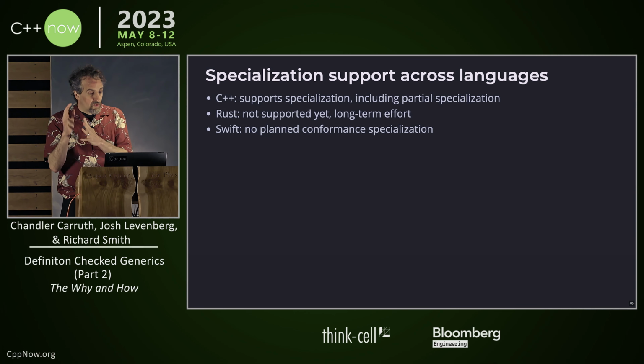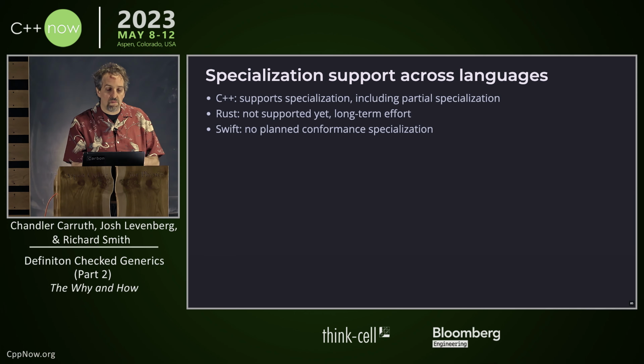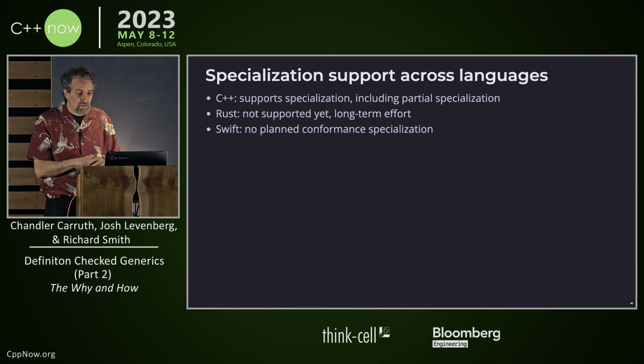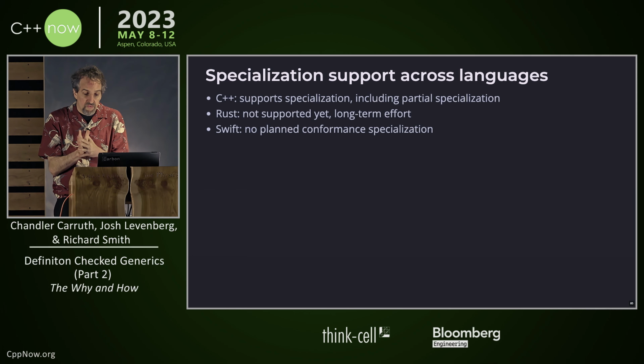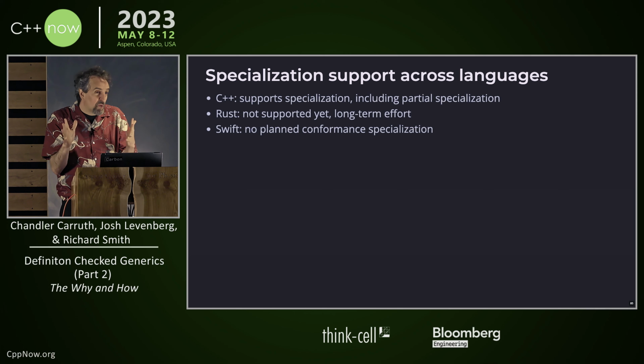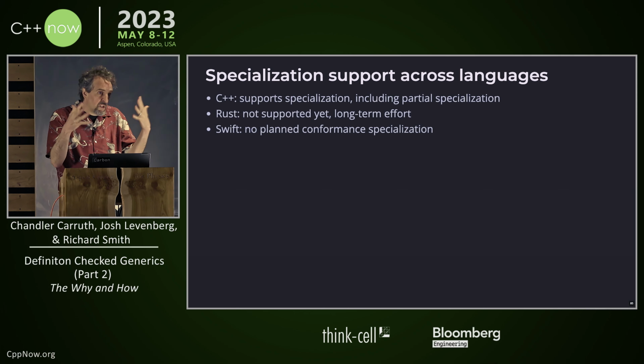In C++, we really like the performance benefit that you get from supporting specialization. Rust has a long-term effort to add specialization, but that hasn't made it to stable Rust. Swift, as far as I'm aware, I don't know if it has any plans to support specialization of conformance. It does have type-based function overloading, which has some similarities.